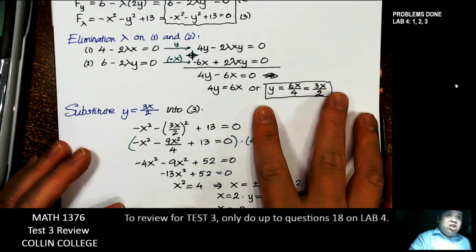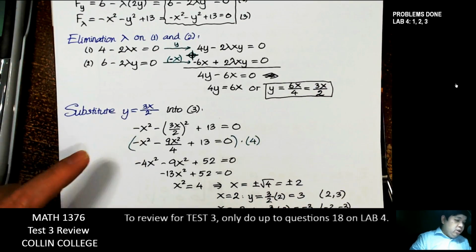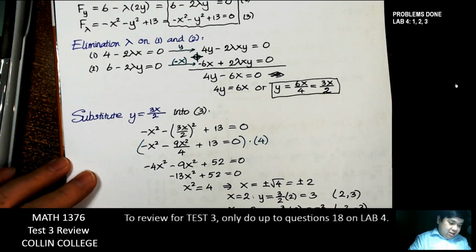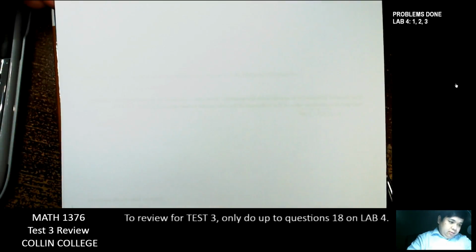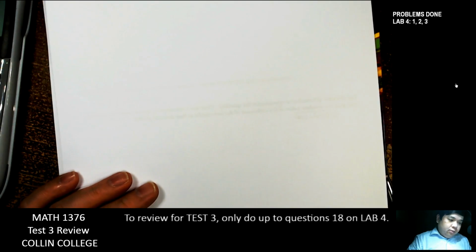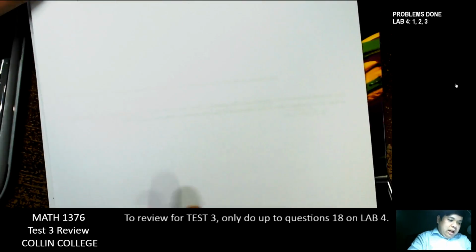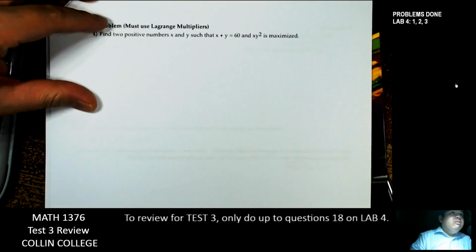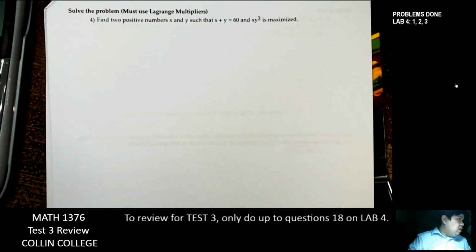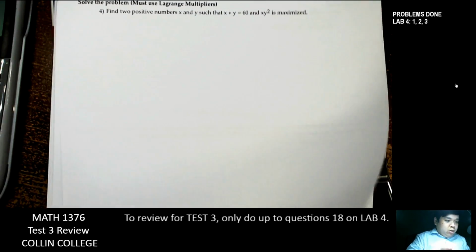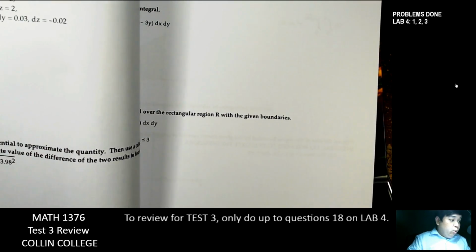Once we have the relation of x and y, we can substitute into this equation, and pretty much that. I think we did something like this in class number 4, so we're going to skip that, unless you want to do that problem, then we will.